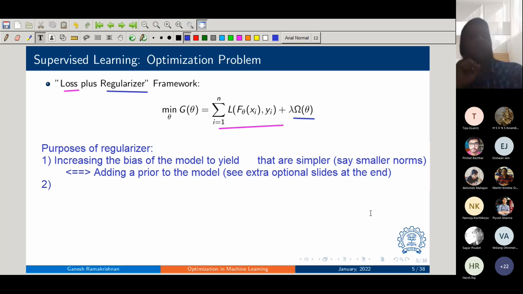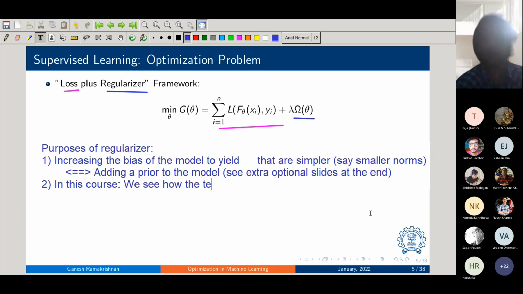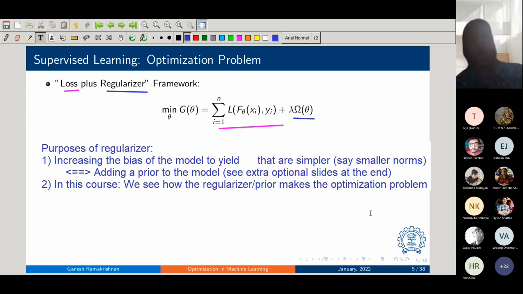One aspect of this course is that the problem becomes better behaved, well behaved. For example, algorithms can converge faster. So in this course specifically, there's another purpose that the prior would serve. The prior basically makes the optimization problem well behaved through notions of strong convexity, or related concepts.